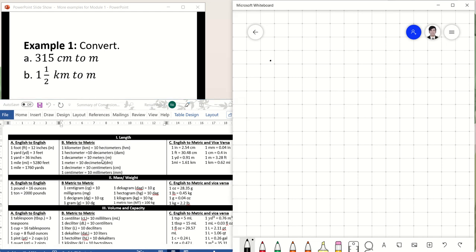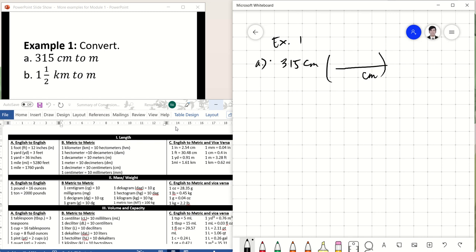To solve this, write 315 cm, and of course our goal is to convert it. It must be cancelled out, so the cm must be in the denominator. So you have to look for cm in our conversion factor. cm is here, and looking at it, meters is on top.